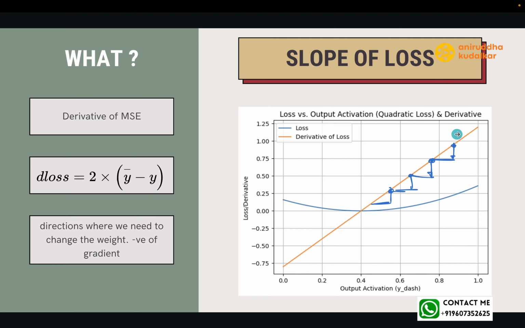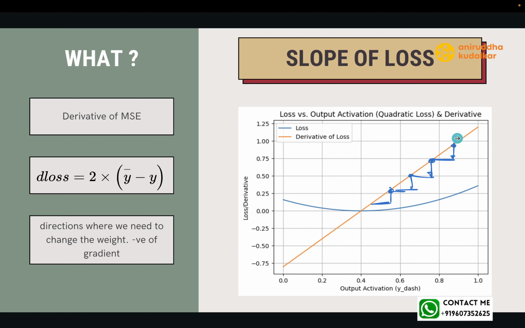So what this line gives you is the direction in which we need to change the weight. The direction in which we need to change the weights is the negative of the slope or negative of the gradient. Here the slope is positive.